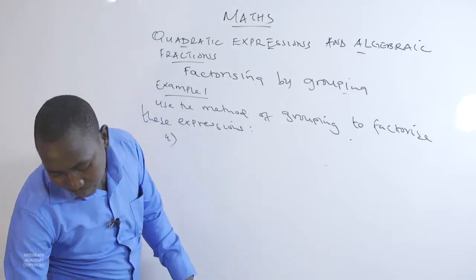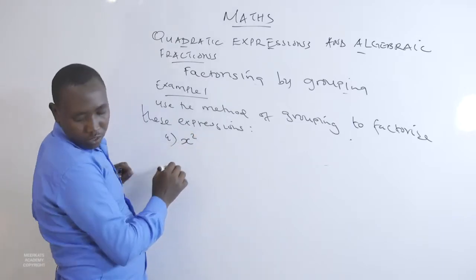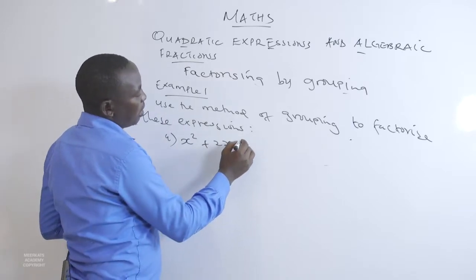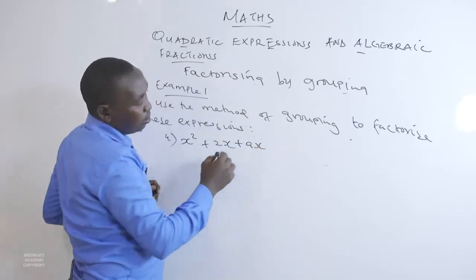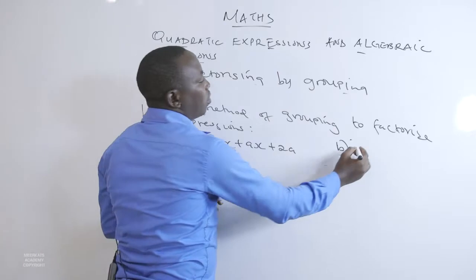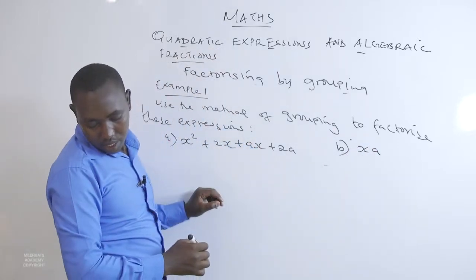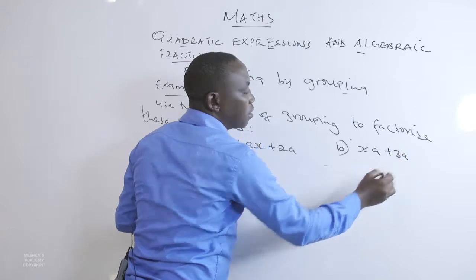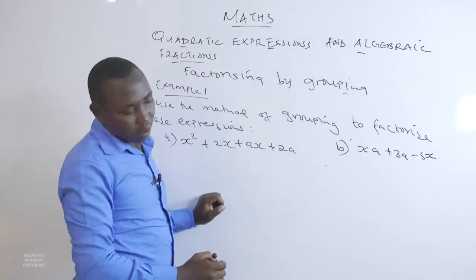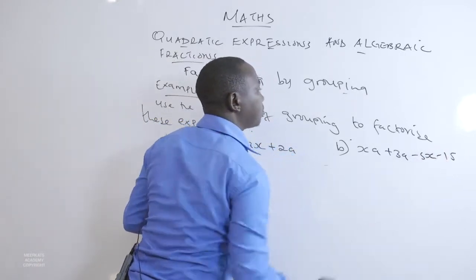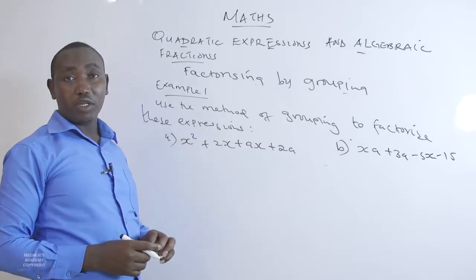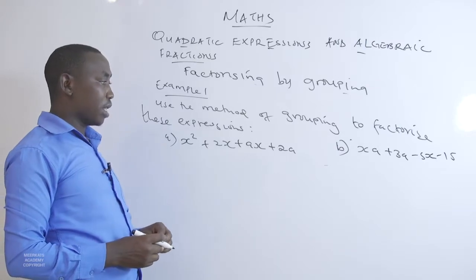Number 1, we are given x squared plus 2x plus ax plus 2a. Part B, we are given xa plus 3a minus 5x minus 15. So we want to solve these two, or factorize them, by simply grouping.